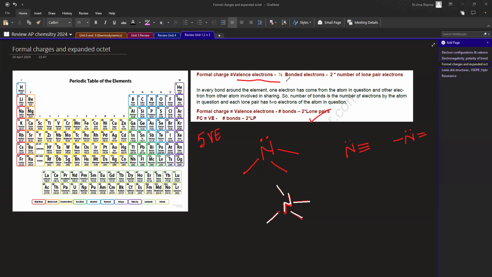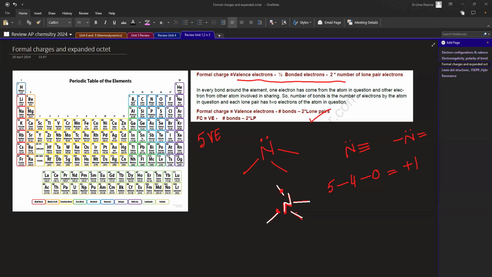This is the equation which teachers are also giving in the school. So whatever way you are comfortable, use the equation, just see how many valence electrons nitrogen has, 5. How many it has used in the bonding? 4 bonds, 4 electrons. Any lone pair? 0. So +1, like this.